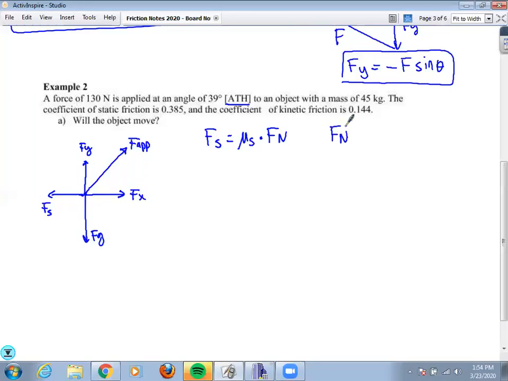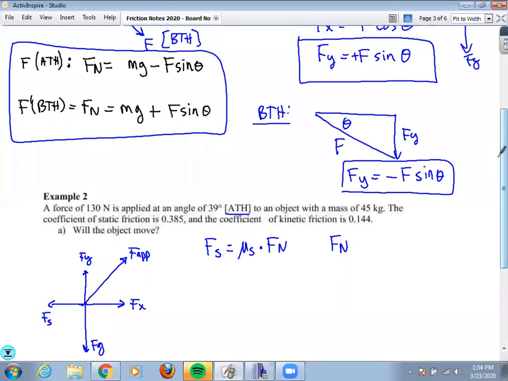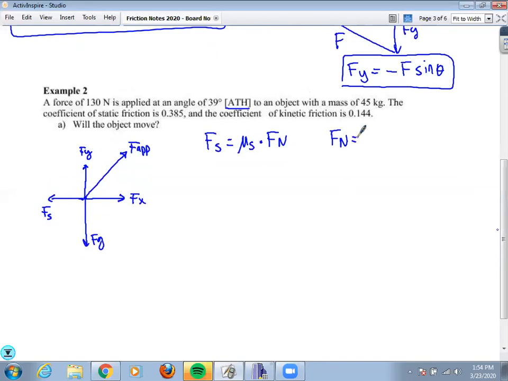Fn, for above the horizontal, means that we take mg minus F sine theta. So it's going to equal 45 times 9.8 minus F, which is 130 newtons, sine 39.